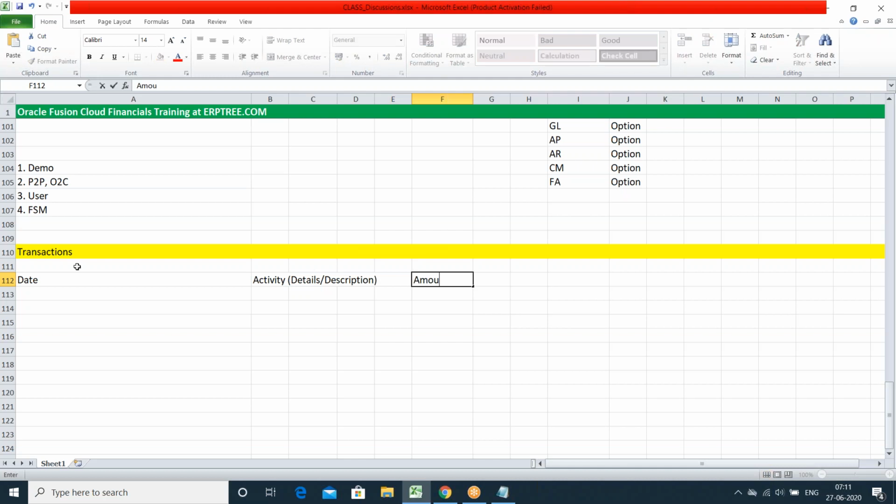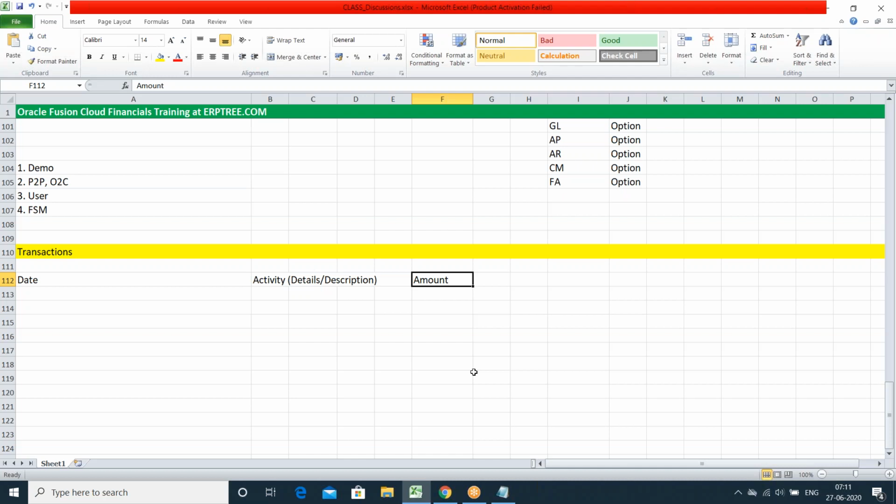And we have to specify the transaction belongs to how much amount. This is very basic information. So whatever transactions you are going to record, you have to address with the date, on which date you are performing that activity, and which activity you are doing, or say details of transaction or description. And the transaction you are recording, with how much amount.